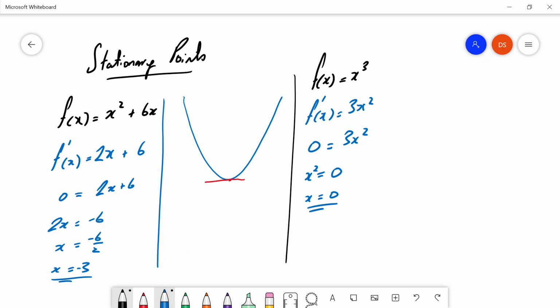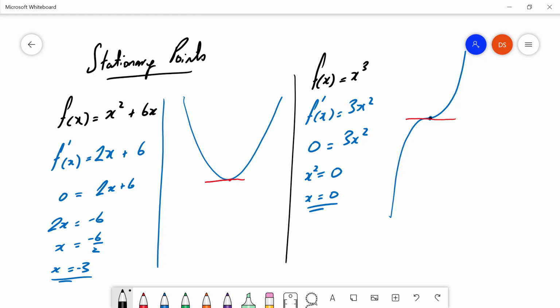Let's draw this. A cubic kind of looks like this, where at this point x equals 0, there is a stationary point. But it's where the gradient is flat, but it's also not a turning point. This point specifically is called a point of inflection.